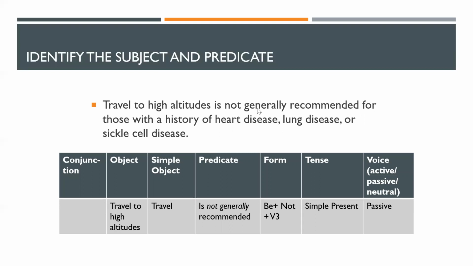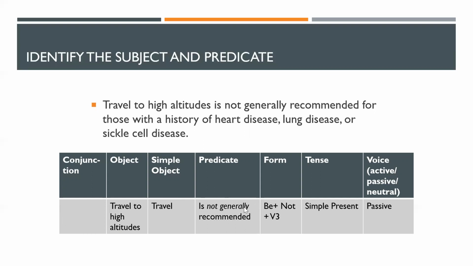Travel to high altitude is not generally recommended for those with a history of heart disease, lung disease, or sickle cell disease. So you have travel to high altitudes, and because we have a preposition here, the main noun must be the last noun before the preposition. So it will be travel. And then the predicate is not generally recommended.